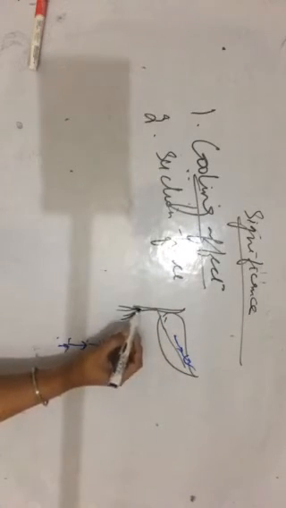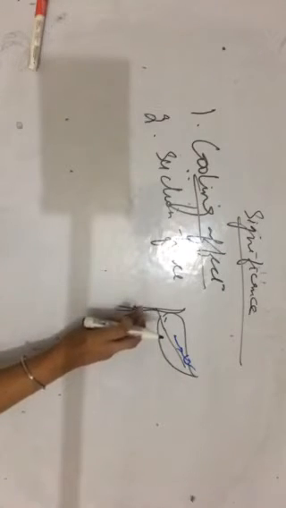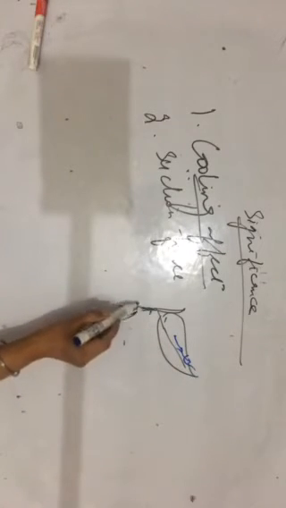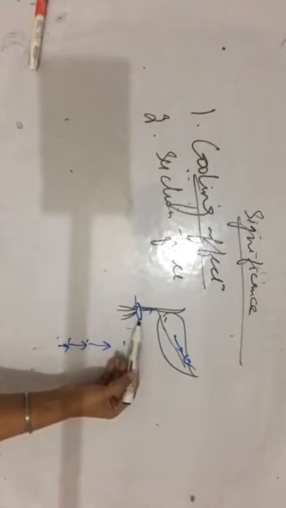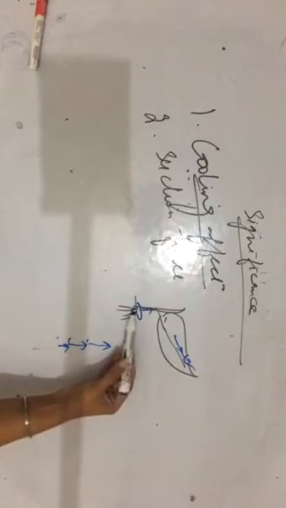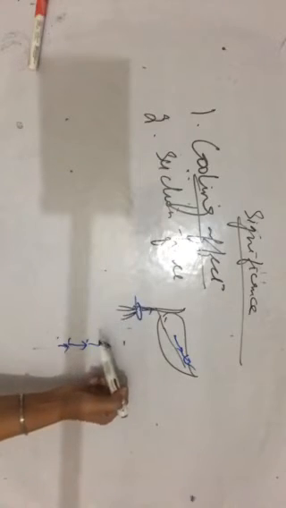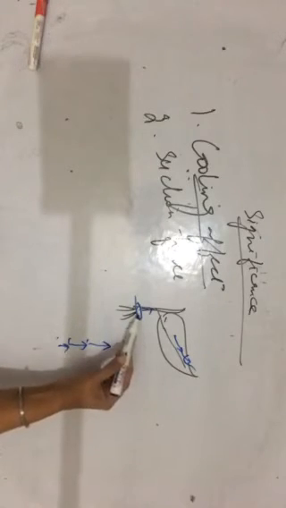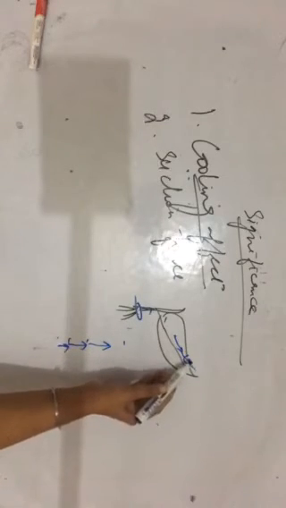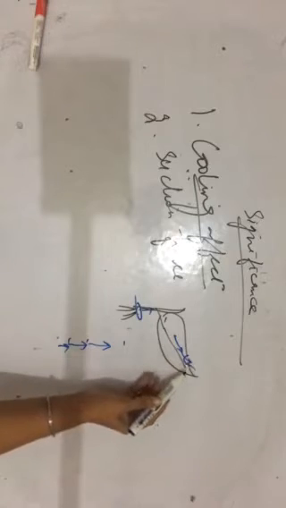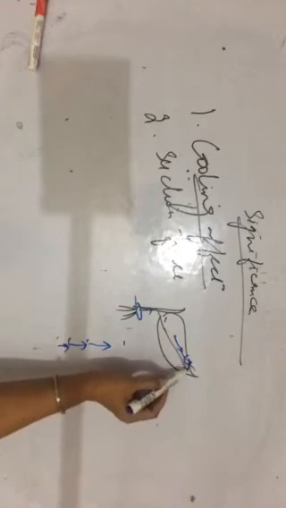Here the water molecule will shift, and this place will get empty. This place will be void, empty, and the water molecules present in the soil will then try to come inside.